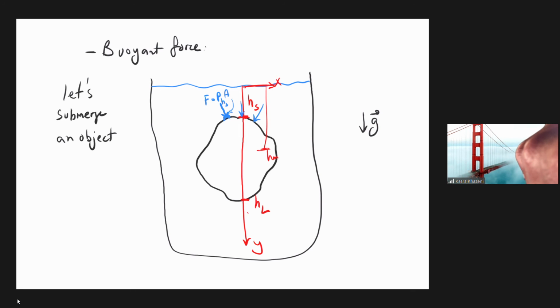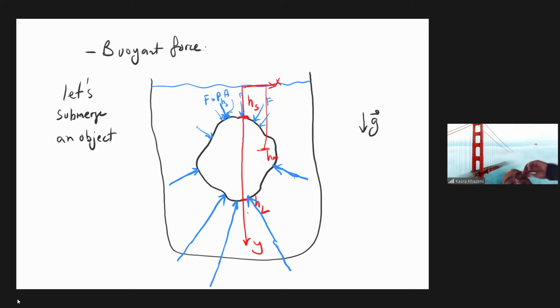The little tiny forces are small, but as you get down at the bottom, these forces get larger and larger. And then they're medium because the height is medium, and then they get smaller and smaller again. So they get larger and larger as you go deeper and deeper.